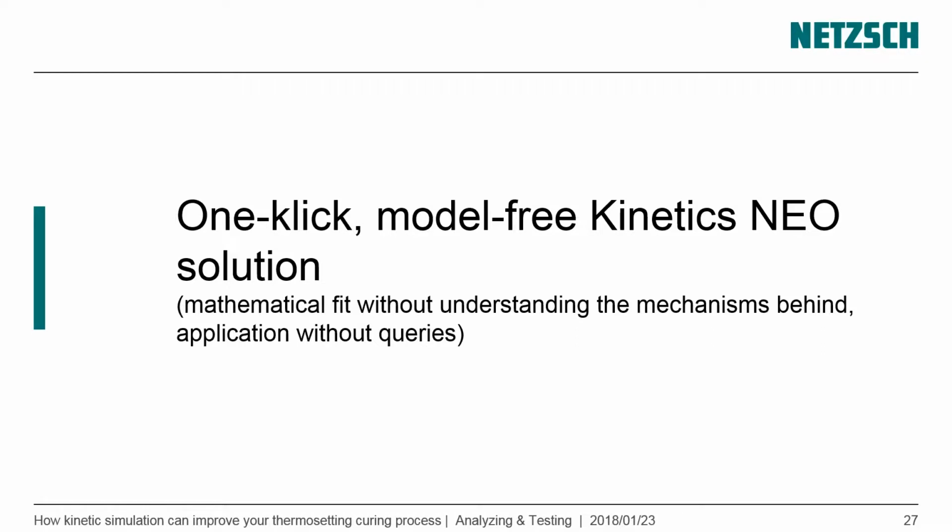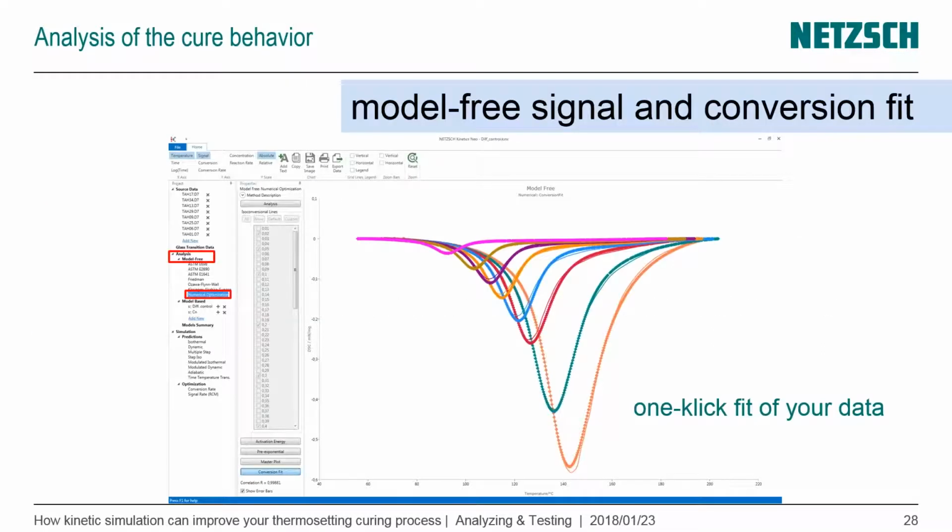But let's have a look at that. The material of the customer is quite simple. It's a one-step curing reaction. And the only thing you have to do in kinetics is to upload your data into the kinetic software. And then you can see on the left side, you just have to click on numerical optimization. And then you will get the mathematical fit of your measurement data.